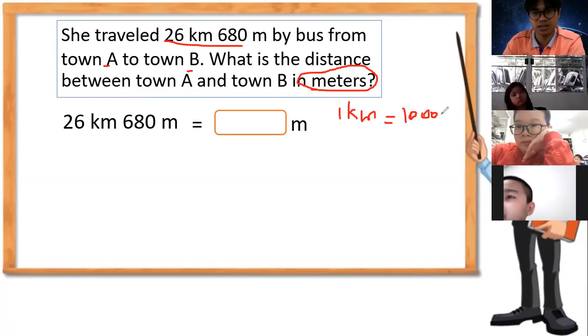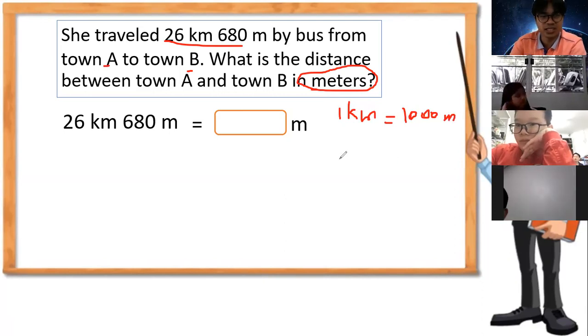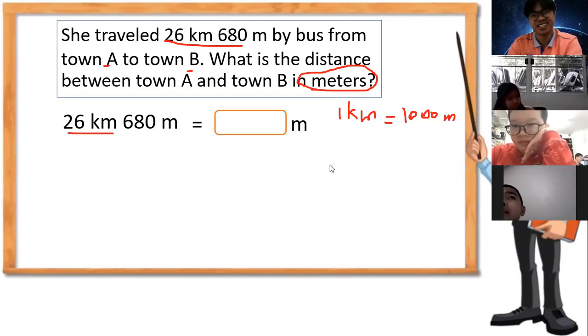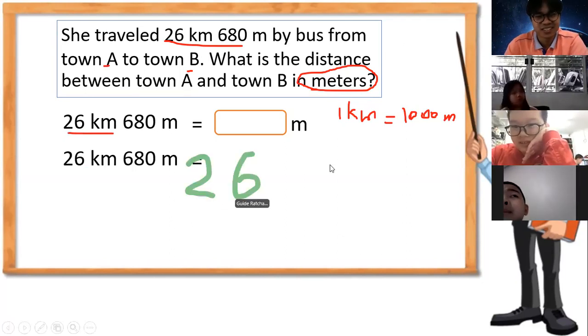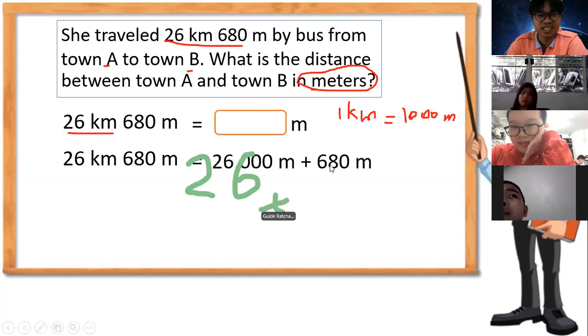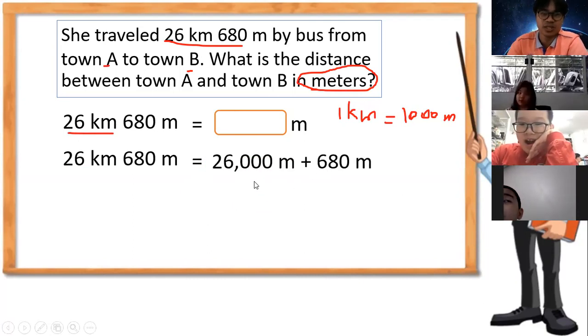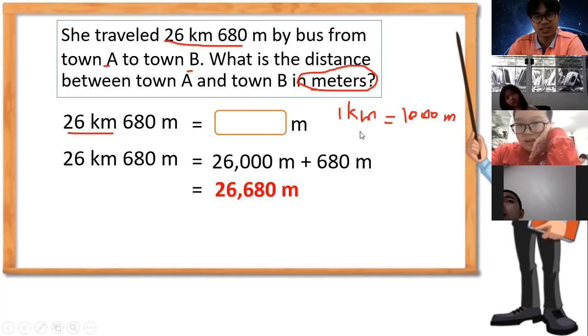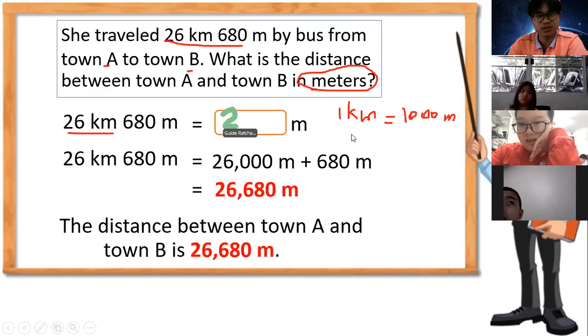So 26 times 1,000 is 26,000, plus 680 meters. So the answer is 26,680 meters, because you are asked to convert in meters.